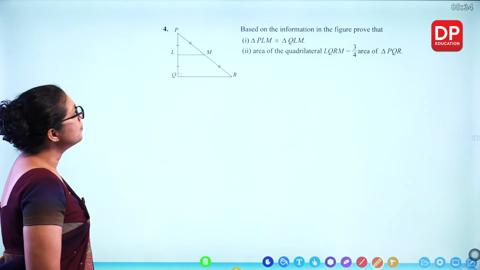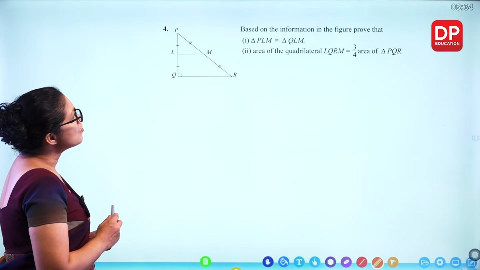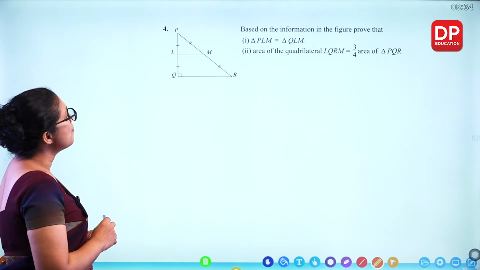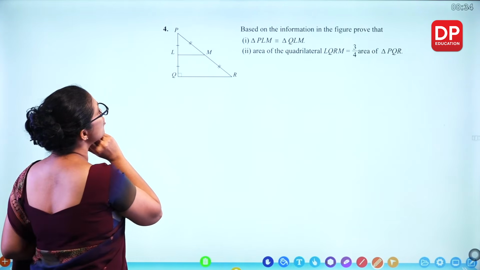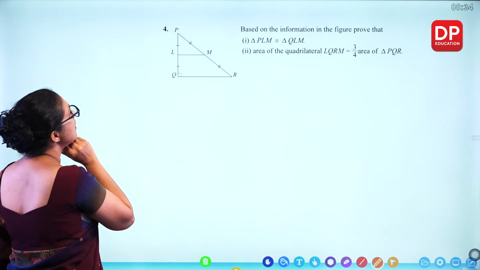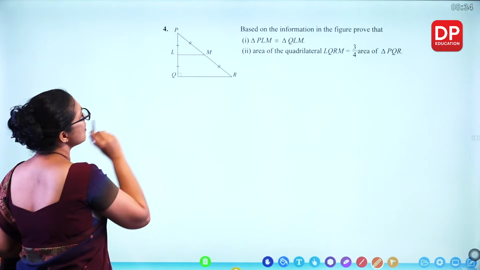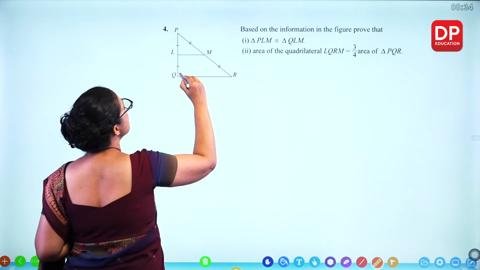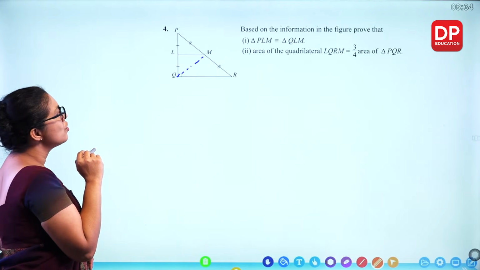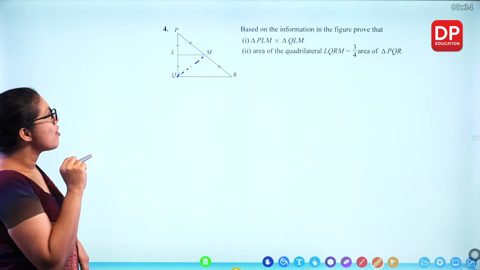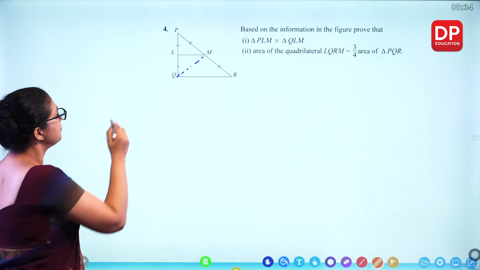Question number 4. Based on the information in the figure, prove that PLM triangle is congruent to QLM. So we need to connect this line. So you are asked to show that these two triangles are congruent.